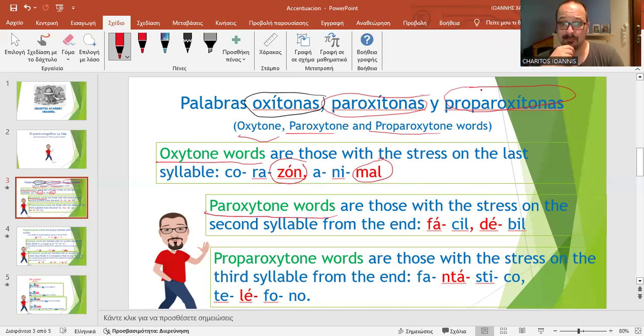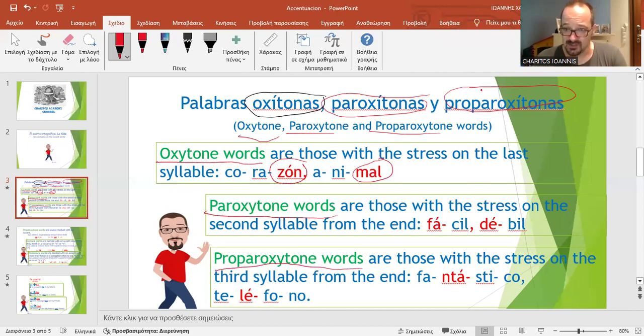So it's a paroxytone word. The same goes with débil, weak. Again, there are two syllables here, and the phonetic sound is stressed on the second syllable from the end, débil.